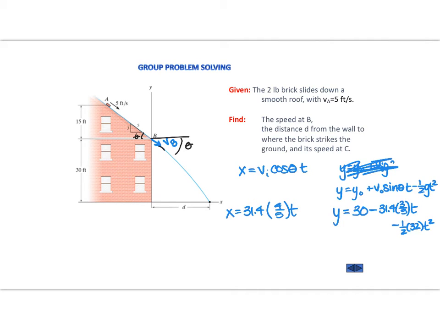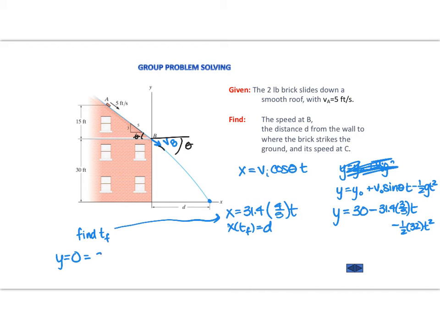What I'm going to do first is find the time of flight, because if I use that in the x equation, I could find d. That's the distance it goes. So the time of flight is when it hits the ground, where y is 0.